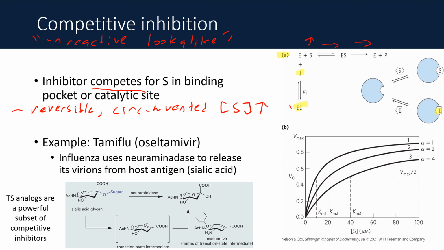Let's see how competitive inhibition affects the Michaelis-Menten parameters of an enzyme. In the curve, I'm highlighting in yellow, that is going to represent an uninhibited enzyme. Now let's add in increasing amounts of inhibitor.